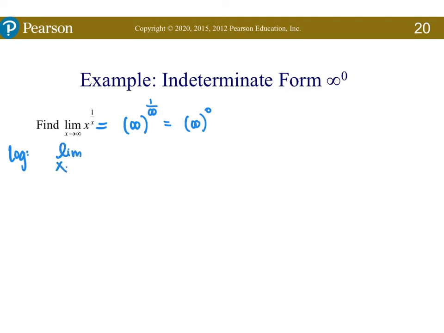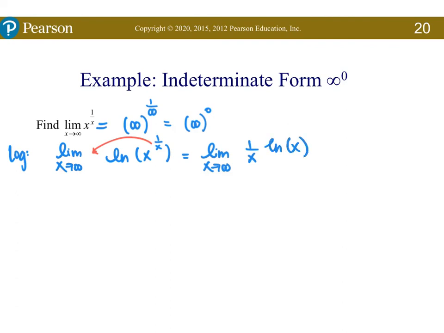So I'll have the natural log of x to the 1 over x, which will allow me to pull the power to the front. So I'll have 1 over x in front of the natural log of x.